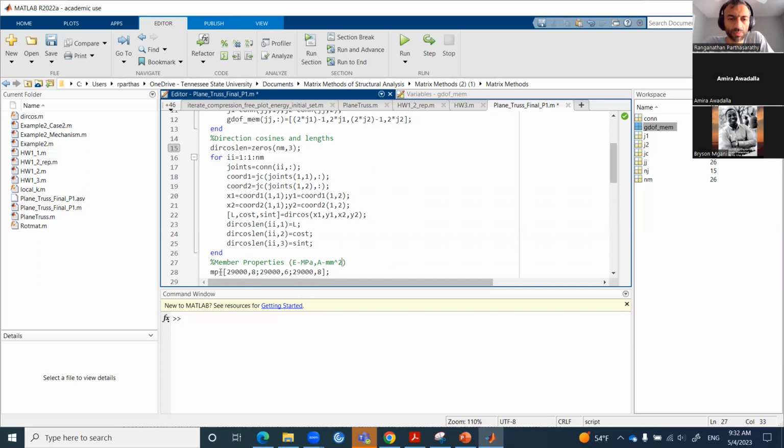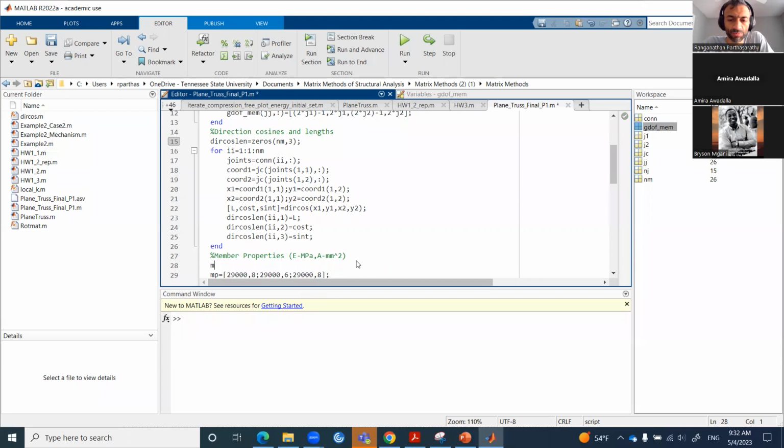So we take for one member and just write E is 70,000 megapascal and area is 10,000 millimeters square.